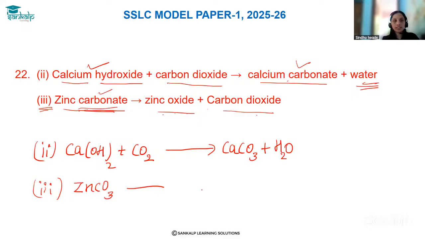Zinc carbonate ZnCO3 will give zinc oxide ZnO plus carbon dioxide CO2. This is the balanced chemical equation.